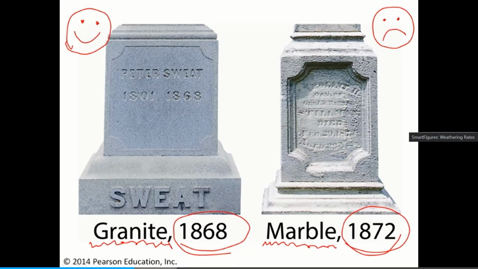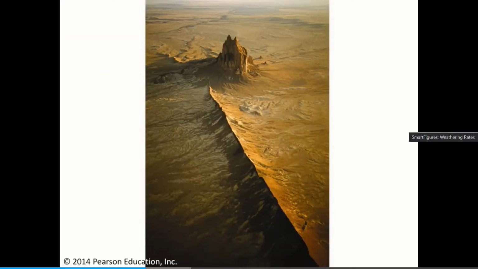And this is a good lesson for understanding the rate at which rocks weather. Composition matters. Here's a look at some of the results of different compositions weathering under the same conditions. This is Shiprock in New Mexico. We've looked at Shiprock in another Smart Figure. You can see the central volcanic neck here that used to be at the heart of a composite volcano.